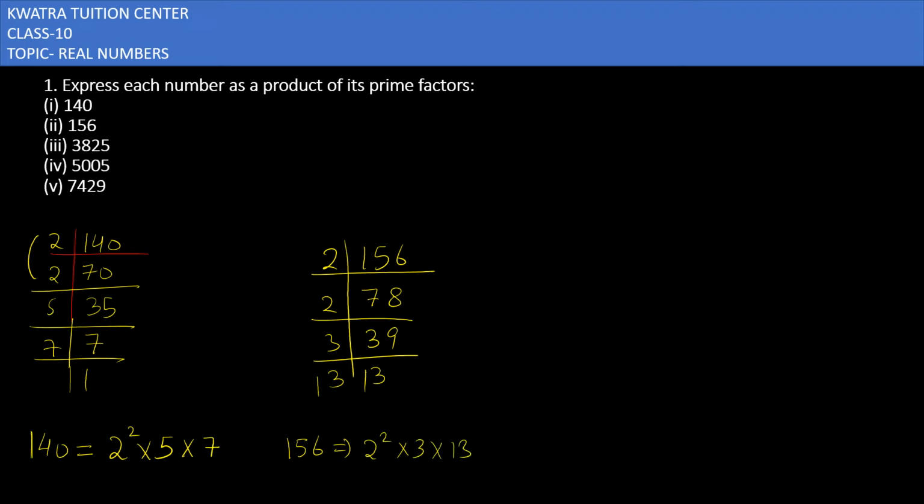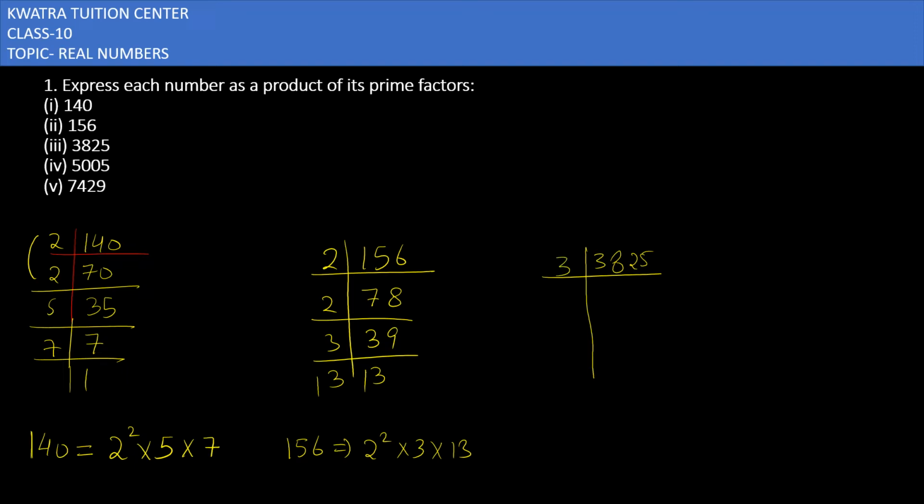Now moving to the next one, you have 3825. So 3825 will be divisible with 3 first of all.